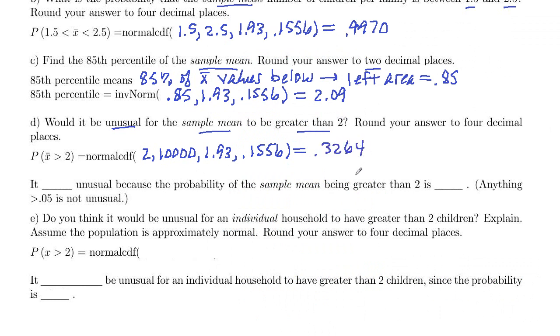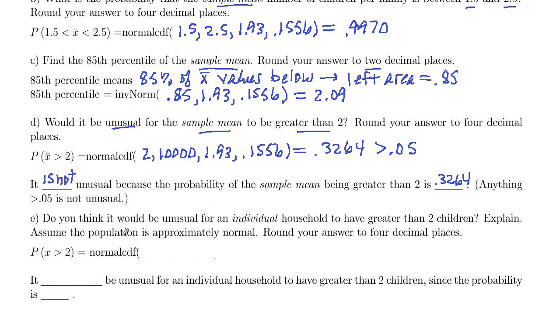And remember, unusual is if the probability is less than 0.05. So this is greater than 0.05. So it is not unusual because the probability of the sample mean being greater than 2 is 0.3264. And anything greater than 0.05 is not unusual.